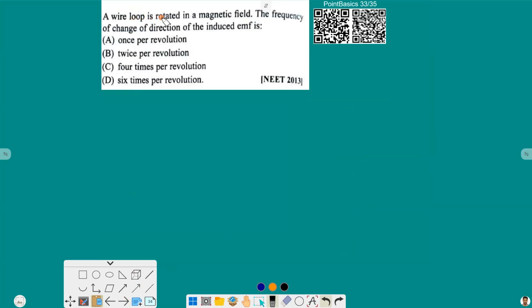A wire loop is rotated in a magnetic field. Frequency of change in direction of the induced EMF: so we have to find out the frequency of change in the EMF. Now we know that EMF will be minus d by dt of the flux, and here flux is B dot A, and as the loop is rotating, A will be A naught into cos omega t.